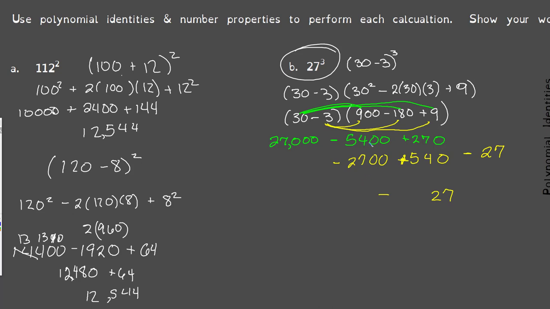7 and 4 is 11. Carry, and that would be 8. Add up my positives. Well, I have these two positives, 270 and 540. 7 and 4 is 11. And then we have our 8 and then 27.